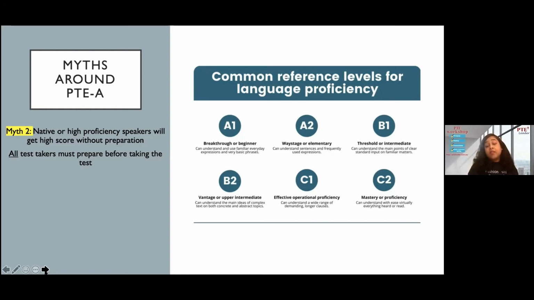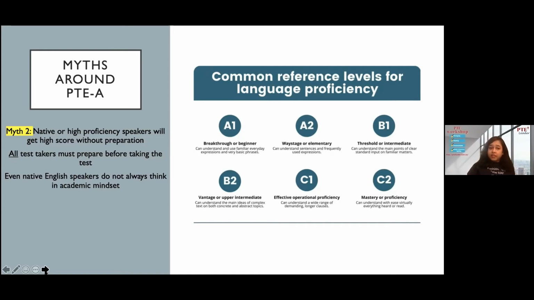So yes, even if you think you are very good in English, don't take it for granted that you can get away with the fact that you speak English very well. You can't. You need to take some preparation, even if at a very minimal level, but still you have to do that. Just because you're a native person or a very highly proficient speaker doesn't mean you don't need to prepare.